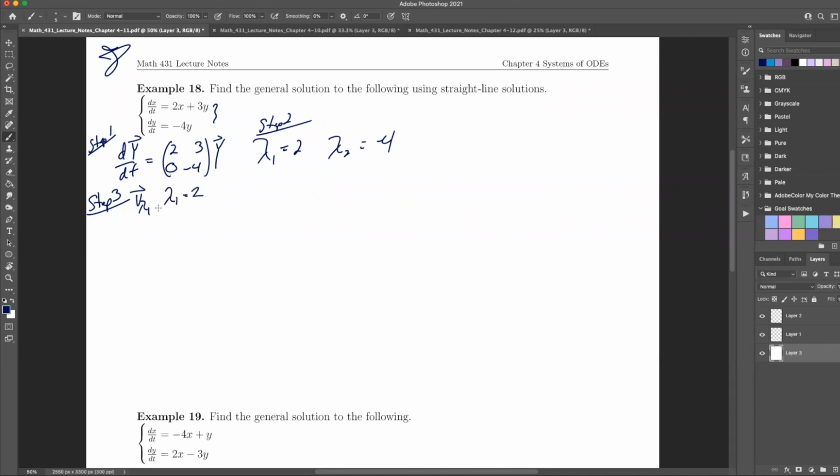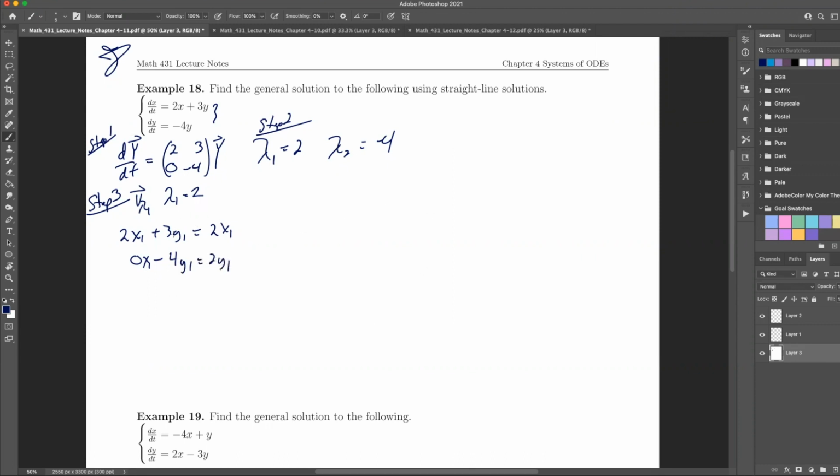So what do we have here? In this case, we have 2 x1 plus 3 y1 is equal to 2 x1. And then here we'll have 0 x1 minus 4 y1 is equal to 2 y1.